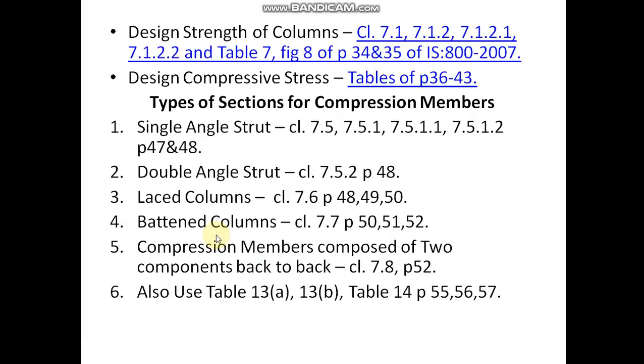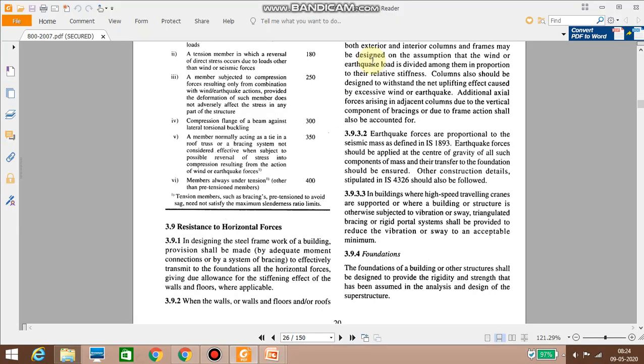The next one, let us see the design strength of columns. Here the design strength of the columns is usually computed depending on clause 7.1, 7.2, 7.1.2, 7.1.2.1, 7.1.2.2 and table number 7, and also figure number 8 on pages 34 and 35 of IS 800-2007.